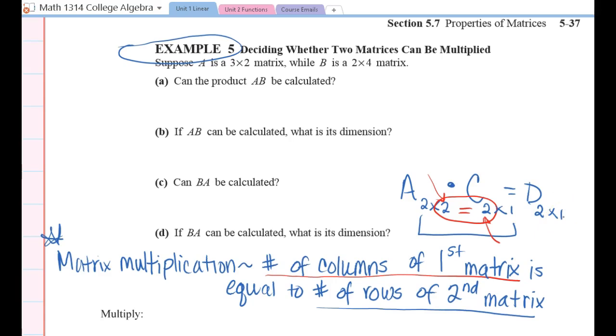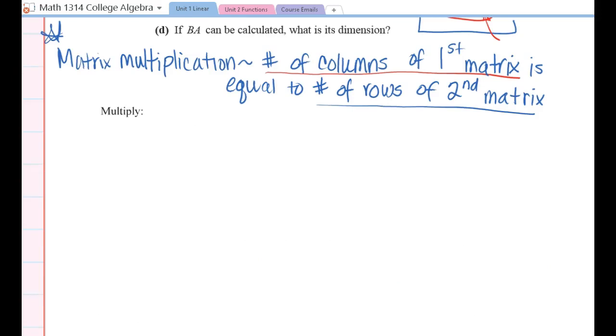So you can watch the video about example number 5, and you can make some determination about whether matrices can be multiplied or not. The reason why I wanted to talk about matrix multiplication actually has to do with systems of equations. So first, let me just show you how multiplying matrices works. You will not be asked to multiply matrices, just to determine whether they can or cannot be multiplied. But let me just show you this.